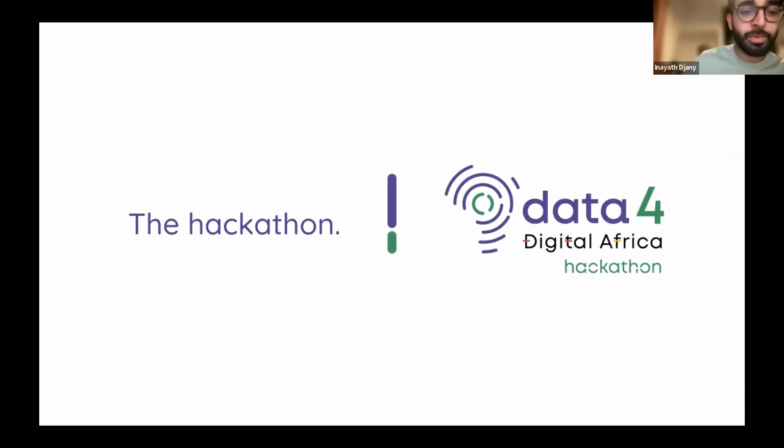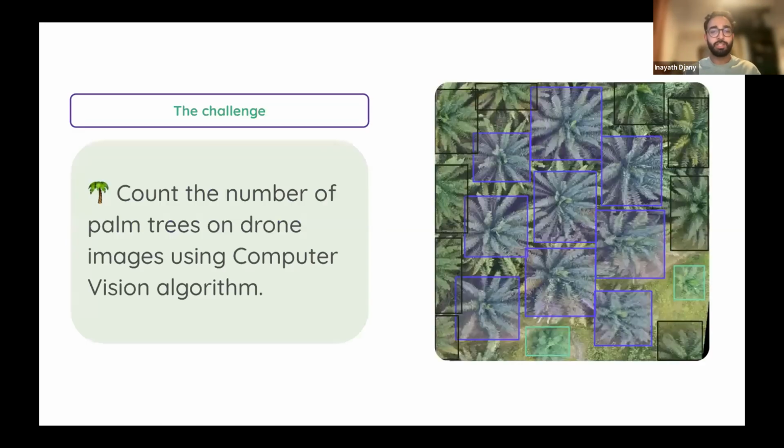Let's talk now about the hackathon. The challenge of this hackathon is to count the number of palm trees on drone images using a computer vision algorithm. Basically, we want you to build a machine learning model or deep learning model that can help the future startups, the future users of these models, to increase their productivity in their daily work. This challenge is one of the first business problems we identified during the workshops, thanks to all our partners.